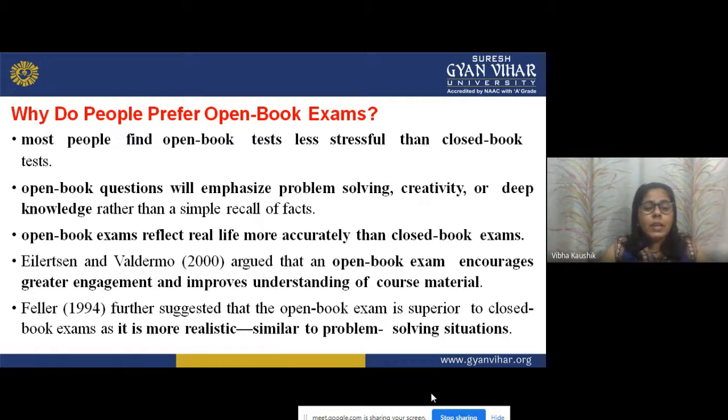Fuller in 1994 further suggested that the open book exam is superior to the closed book exam as it's more realistic, similar to problem solving situations.